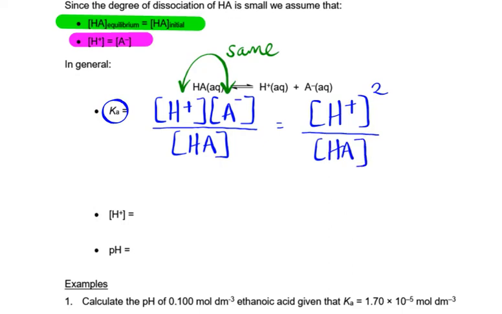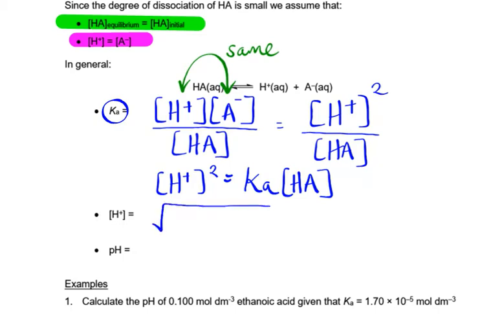So rearranging this, the hydrogen ion concentration squared is going to be Ka multiplied by the concentration of HA, so the hydrogen ion concentration is the square root of Ka multiplied by the concentration of the acid.